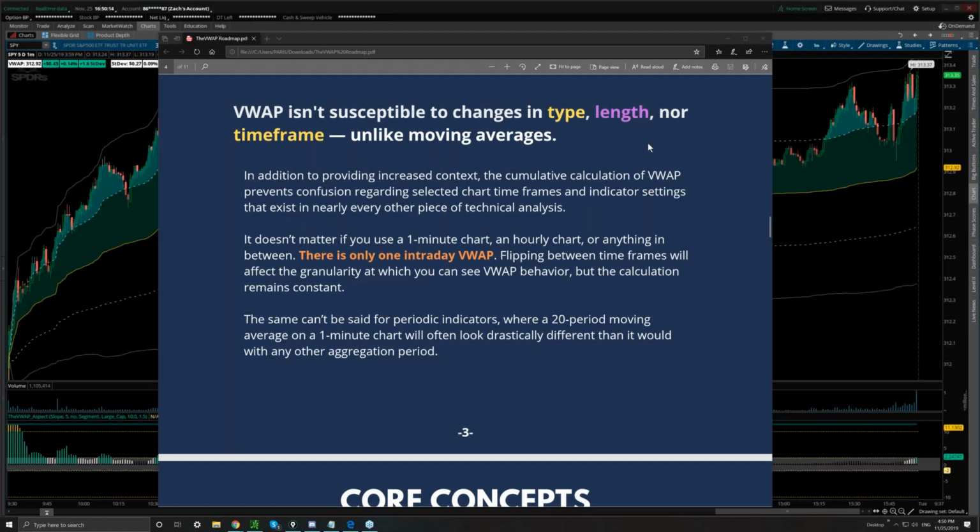How do you know you're using the appropriate settings on some given indicator? All of that discretion leads to different variations that a trader can effectively screw up. So the beauty of VWAP is that it does not change based on the time frame of your chart, meaning a 1-minute chart, a 5-minute chart, 15-minute, 30-minute, 60-minute chart, you're still looking at a volume weighted average price.